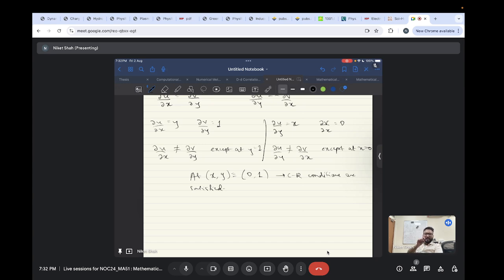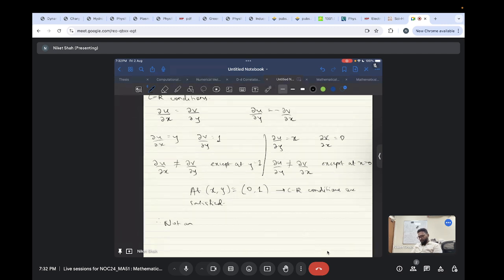So we cannot call this an analytic function because it's possibly differentiable at only one point, with no such neighborhood. So it's not an analytic function.